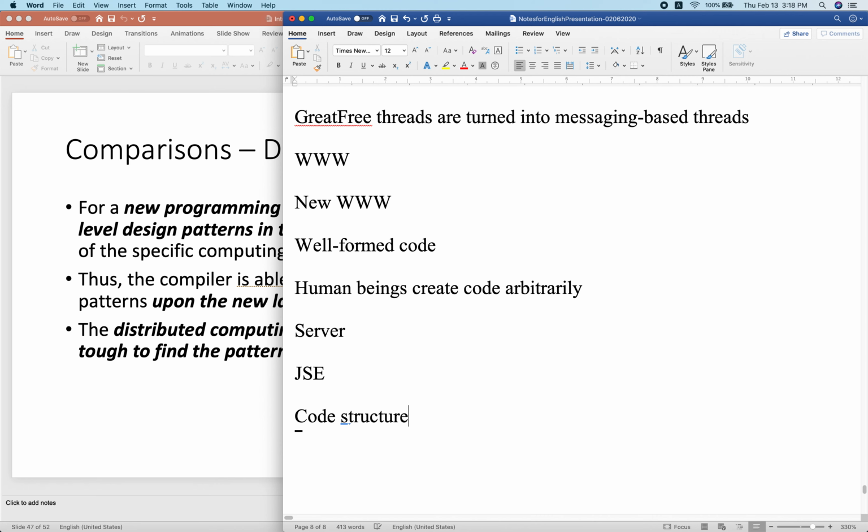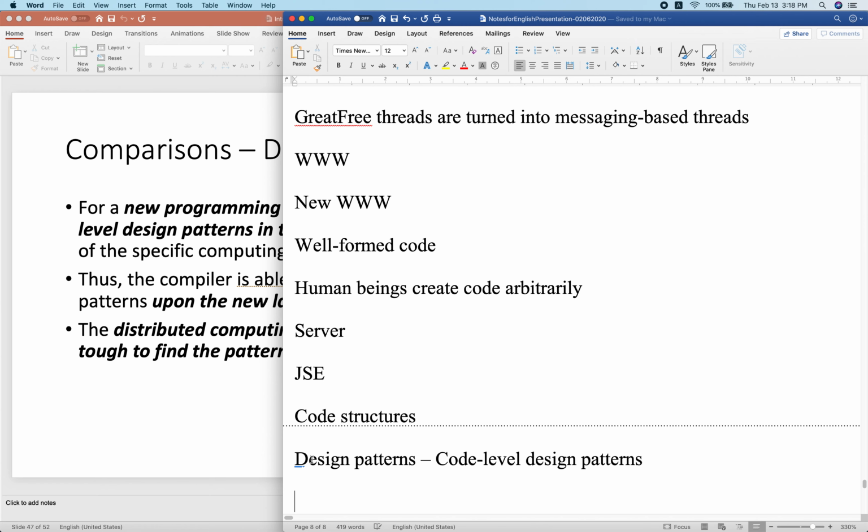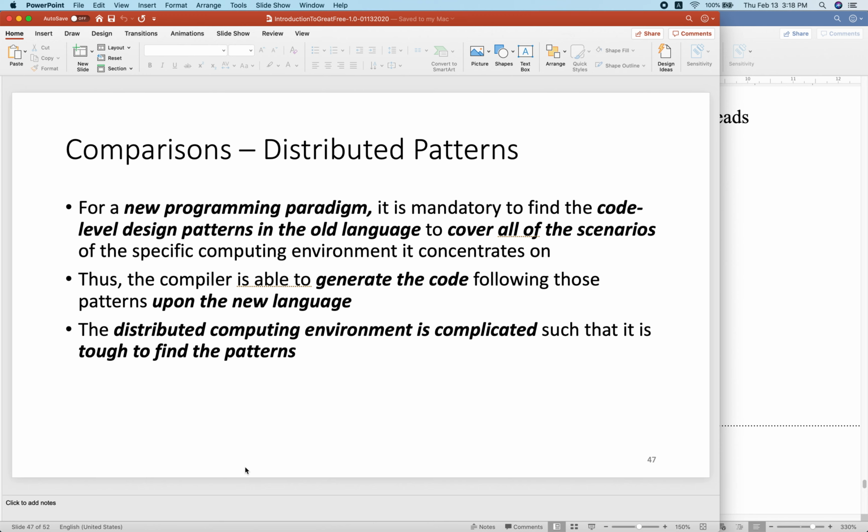The design pattern I mention here is a code-level design pattern. If you read some classic books about software engineering and design patterns, there are a lot of other design patterns, but those are not code-level design patterns.